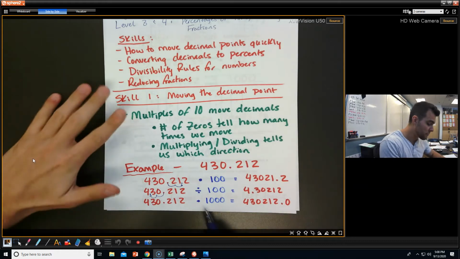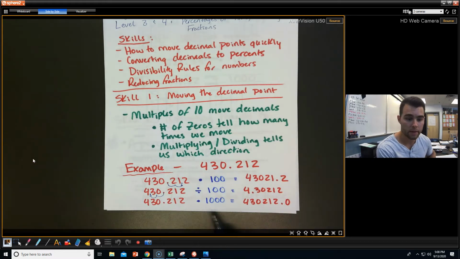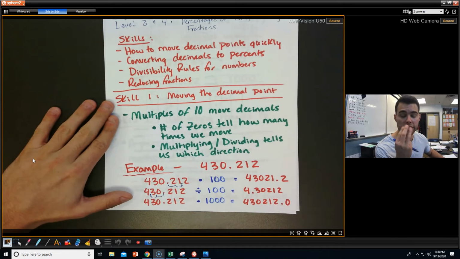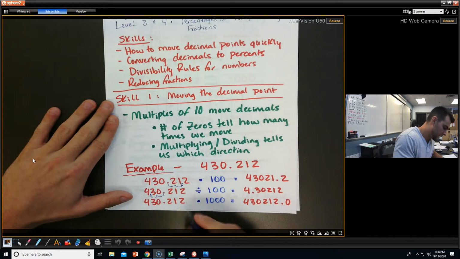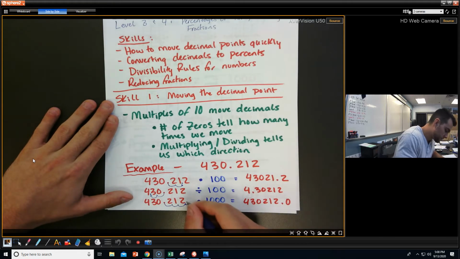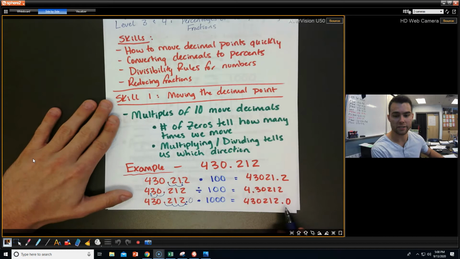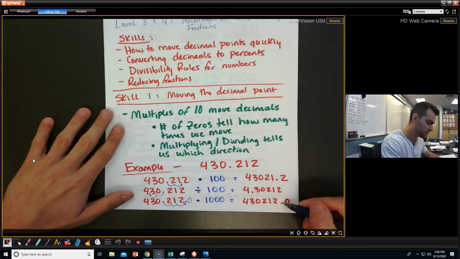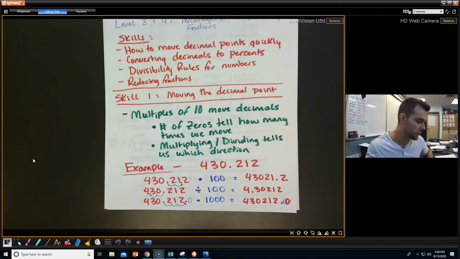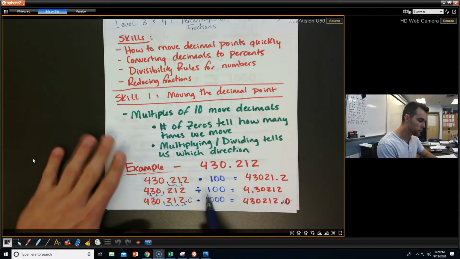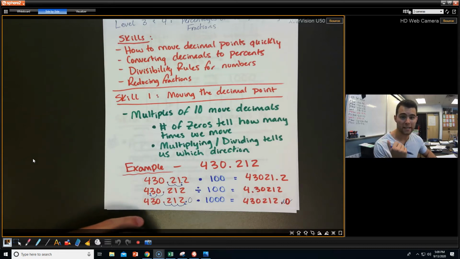Look right here. Now we're multiplying by 1,000. Again, I'm going to have to move 3 times. There are 3 zeros. I go to the right 3 times, and I just tacked on a 0 to see where that decimal ends up going. This part is not really necessary, but I wanted to show you. If you're noticing, when we multiply, we're going to the right.